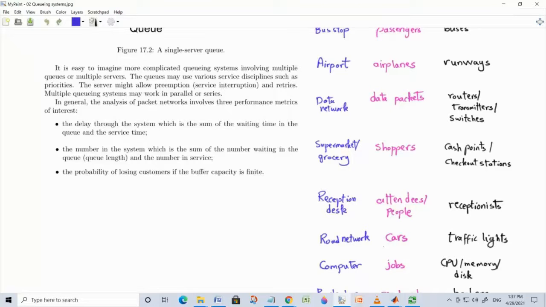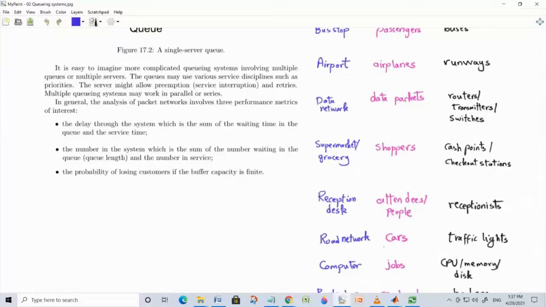You can also talk about the case in which your queue or your buffer is finite. There was a homework problem in which we have a data network, and then we have a finite buffer. If the buffer gets more data than it can hold, some packets will be discarded. So if the capacity of the queue is finite, and if the arrivals overwhelm the queue, there will be lost or dropped packets.